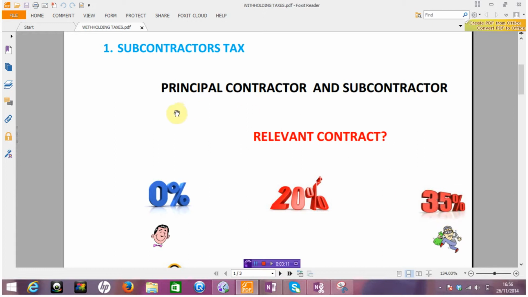So the principal contractor is guided by Revenue in relation to the rates to be deducted. And as you would expect, the tax deducted is paid over periodically to Revenue and therefore held on account in respect of the contractor.